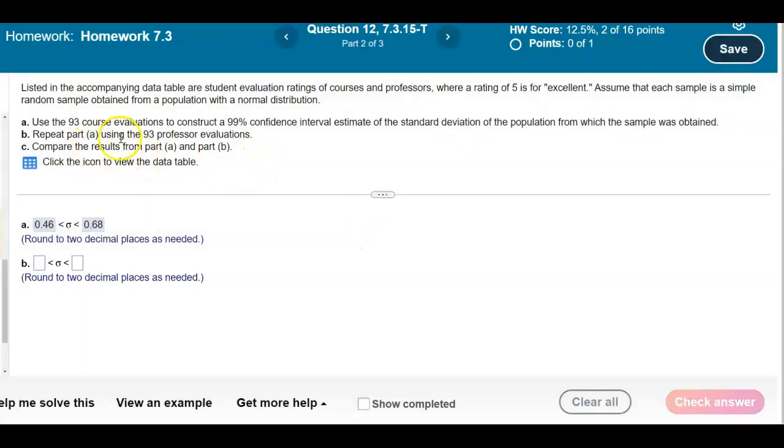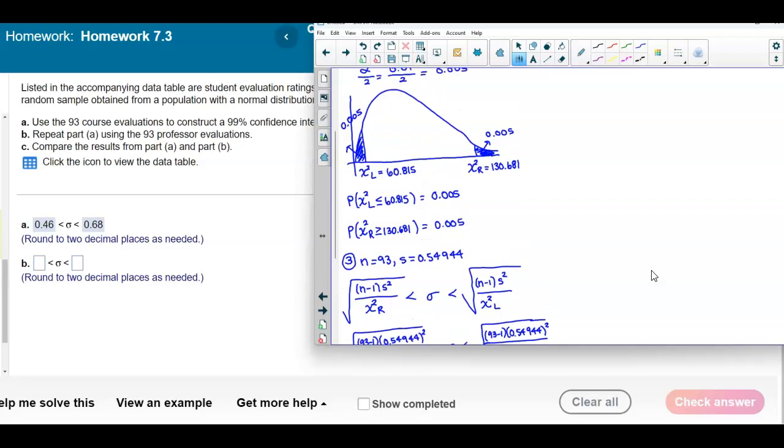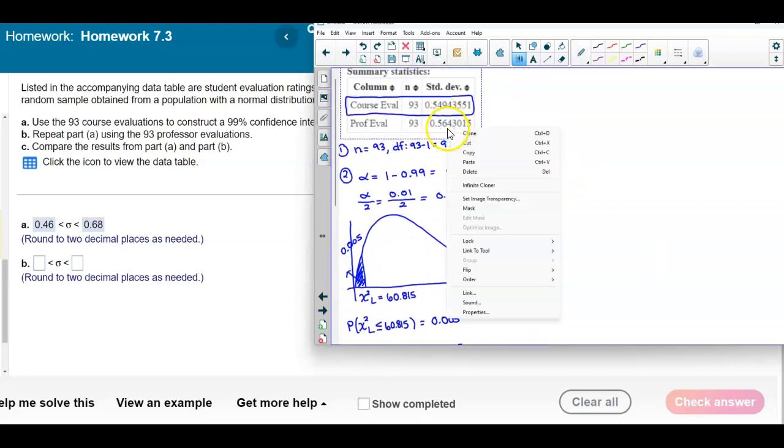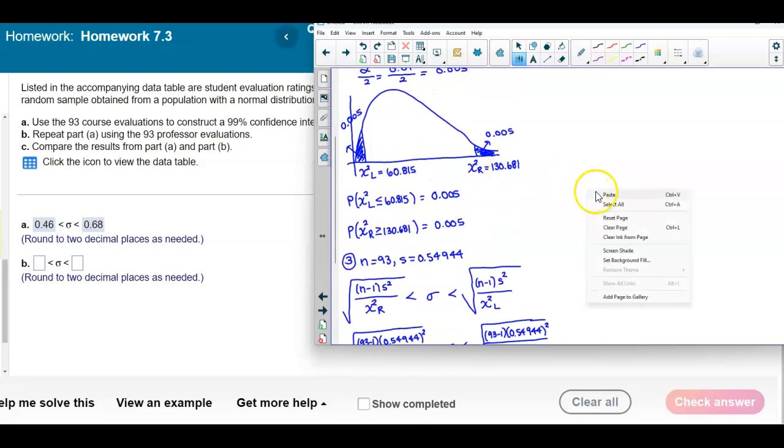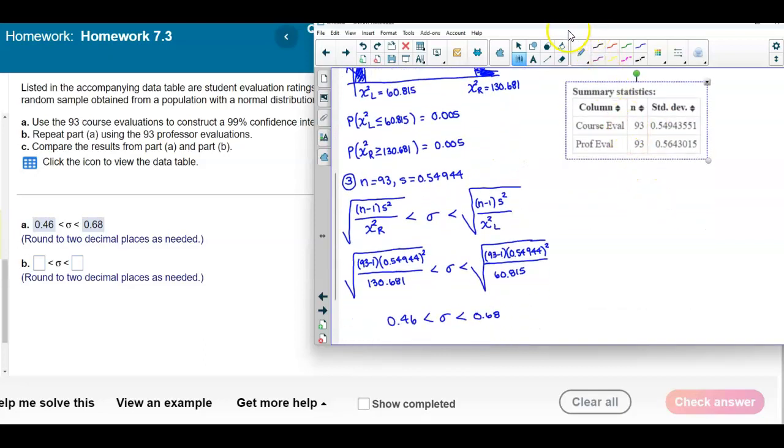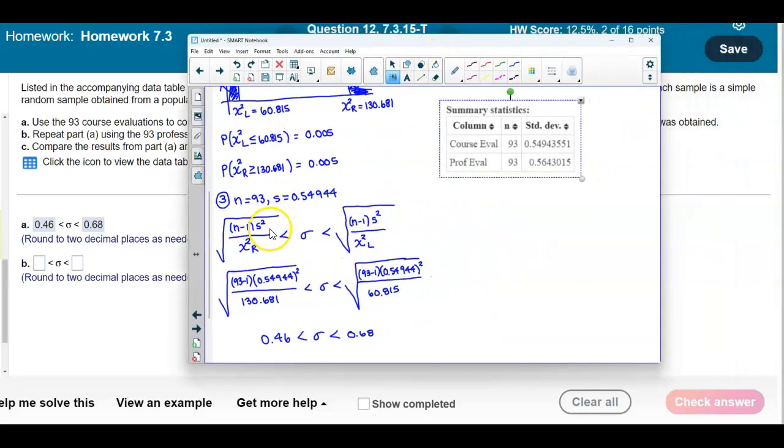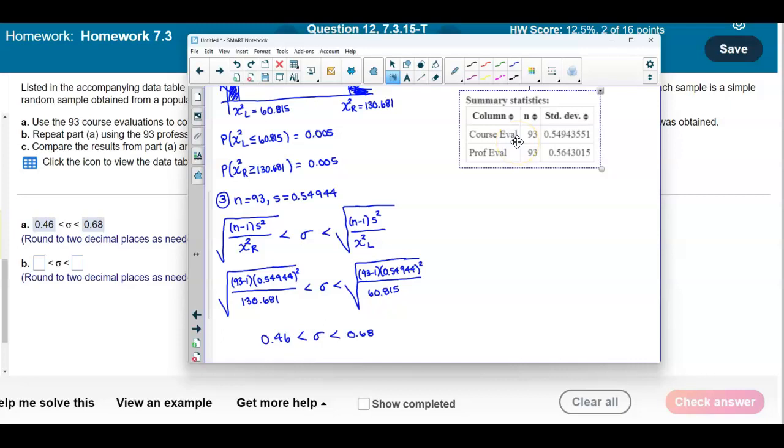Now we need to repeat Part A and use the 93 professor evaluations. Well, we pretty much already have that information. In this case, we just need to go to step 3, because we already have the critical values. For step 3, our sample size is still 93, but now our sample standard deviation is 0.56430.